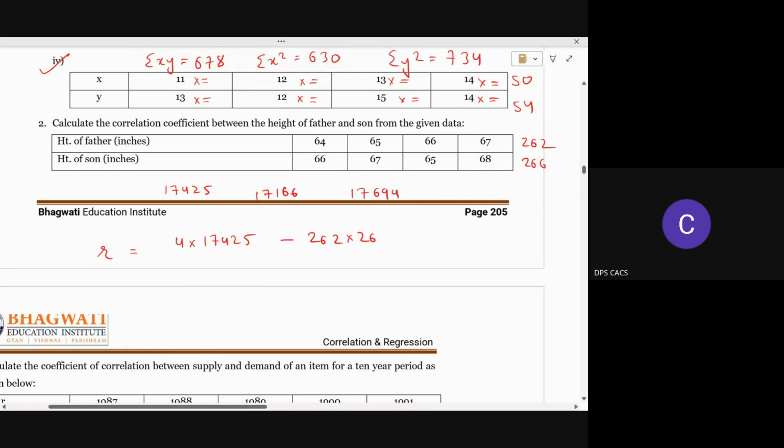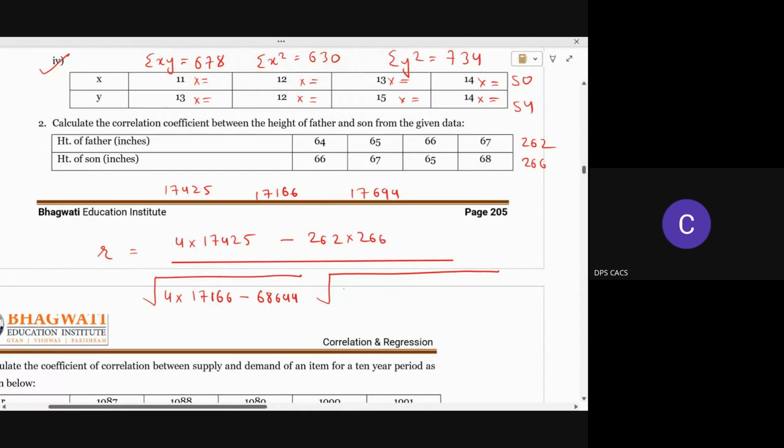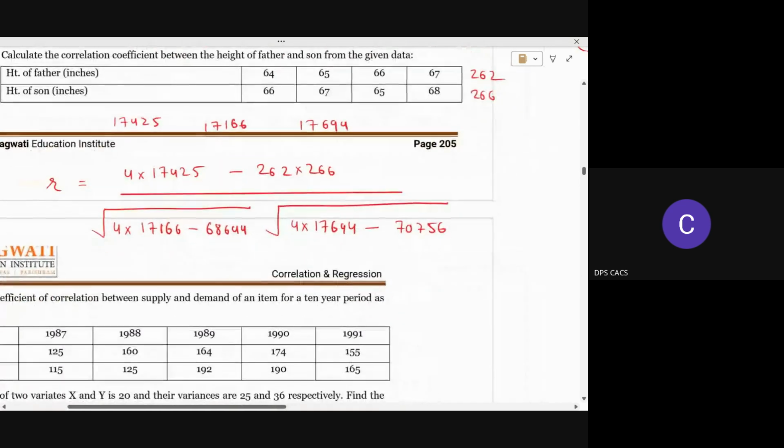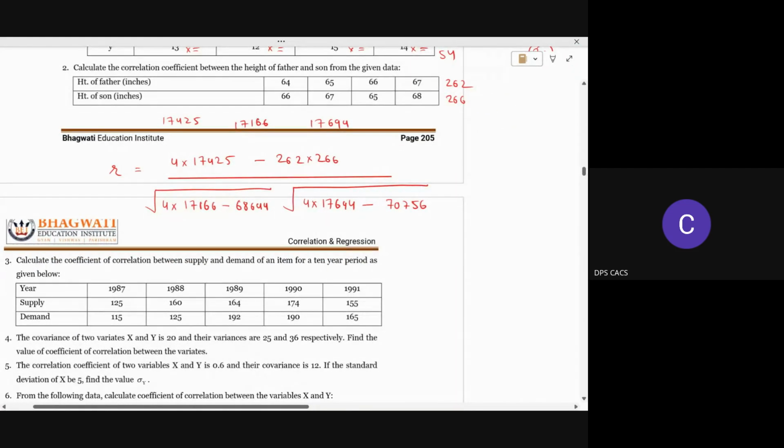Anyone who has got the answer? Correct. 0.4 is the final answer. Very good. Who has got that? 2 people.